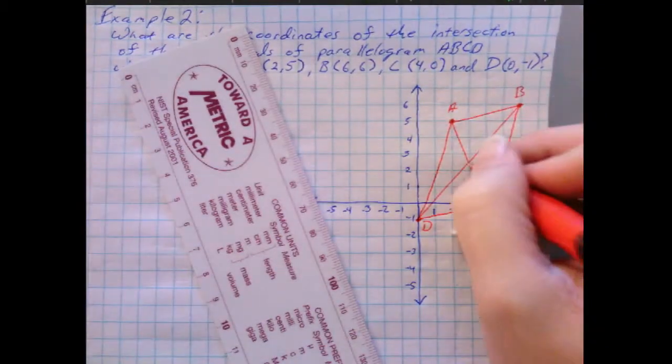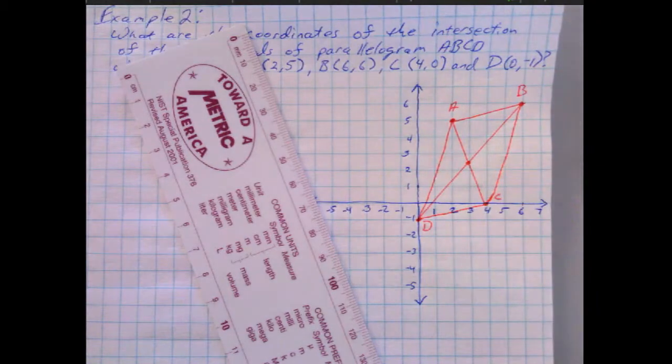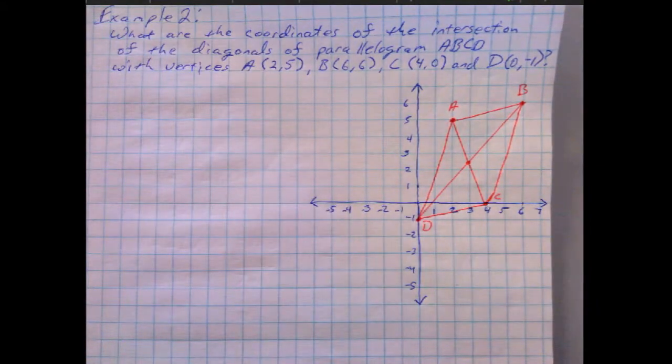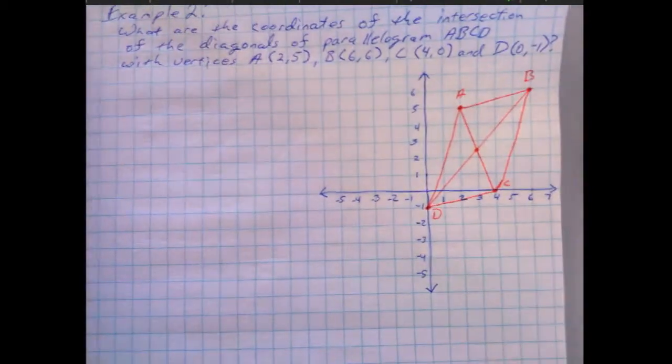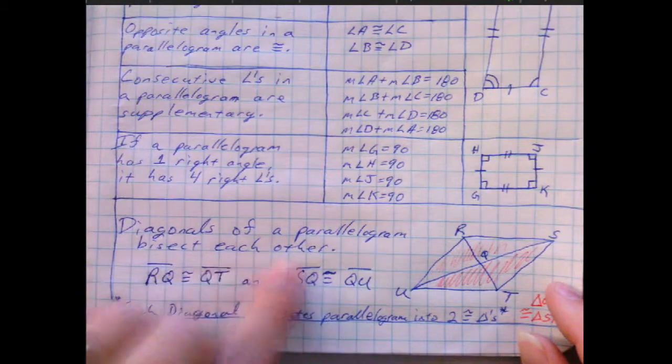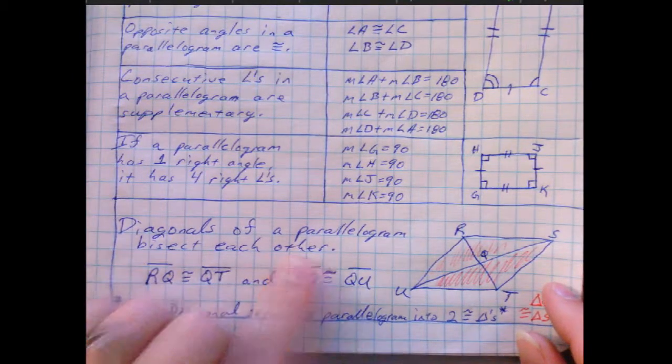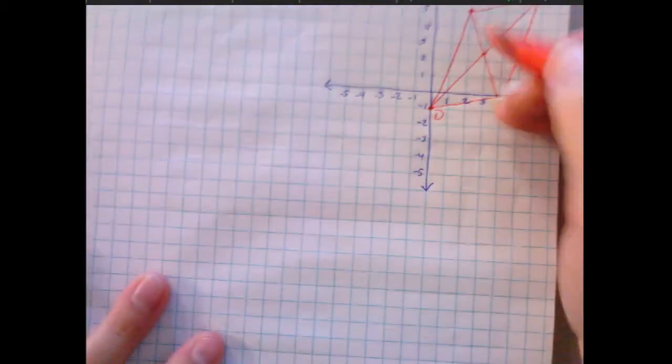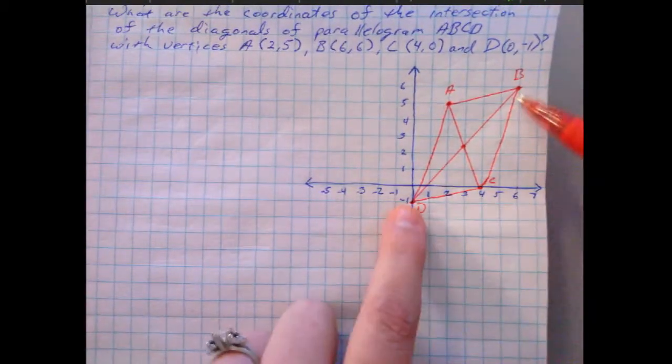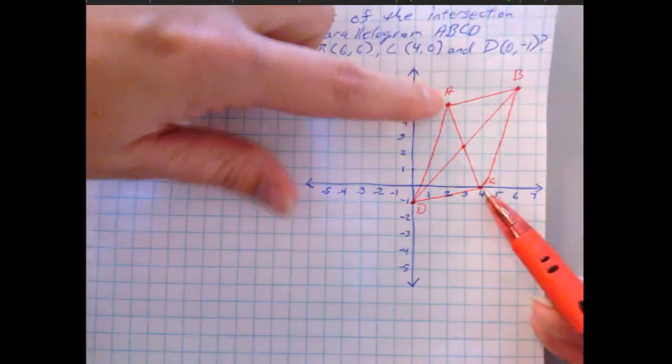Okay, so we're looking for that point. Okay. Now if we go back to our properties, the diagonals, it says they bisect each other. If they bisect each other, that means that these are equal parts. So this point here in the middle should actually be the midpoint of these diagonal lines.